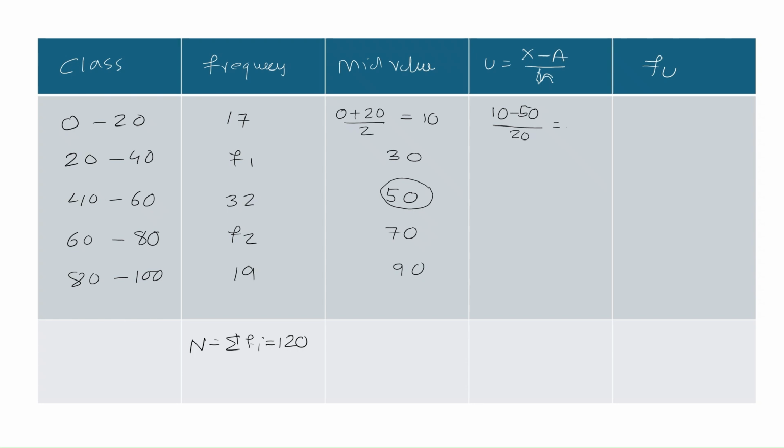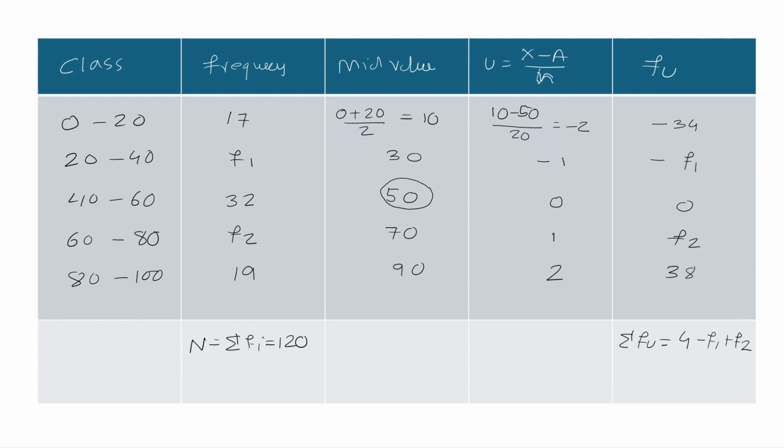This will give you minus 2, similarly minus 1, 0, 1, and 2. Fu will be the multiplication of U with the frequency. This will be minus 34, then minus F1, then 0, then F2, and then 38. So the summation of Fu will be 4 minus F1 plus F2.